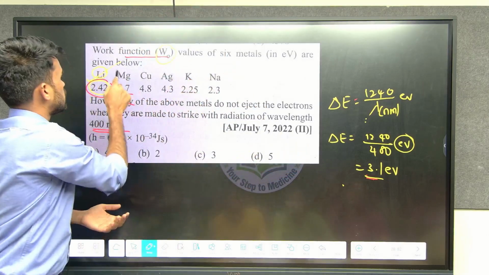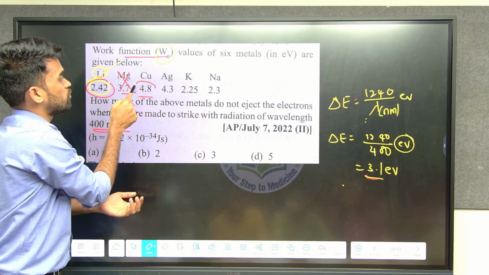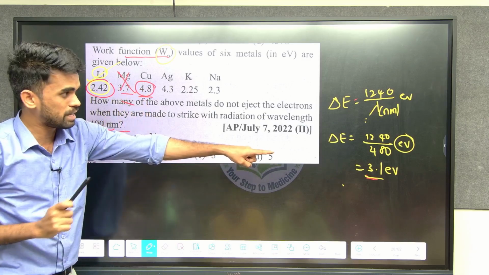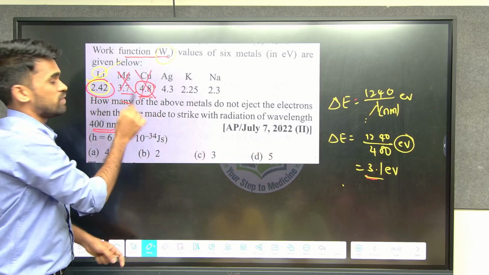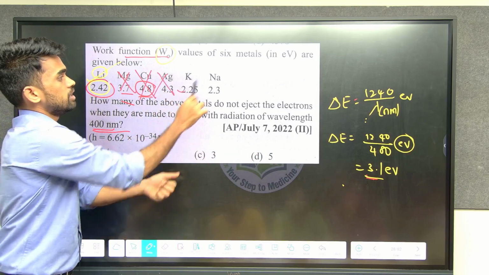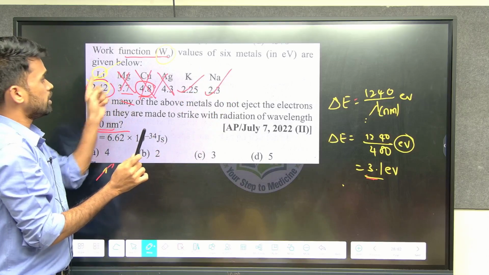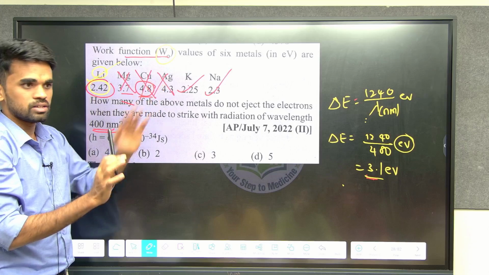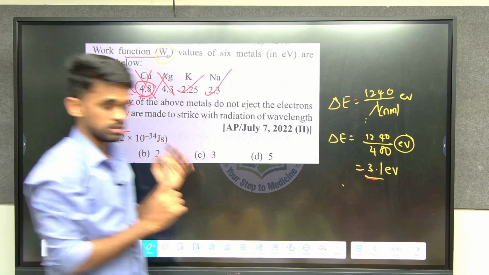No, it won't come out here. Here they required 4.8, but we are supplying less. Is that enough? No, so no photoelectric effect in this. How many of them are happening? 1, 2, 3 not happening. These are happening. Based on that, you answer. Next.